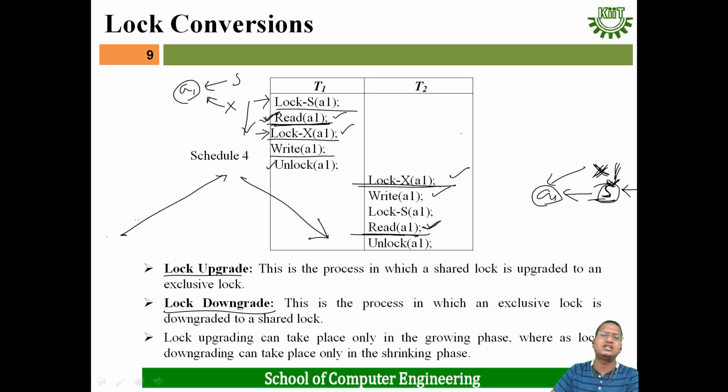That's why people use lock downgrade: when we apply a shared lock on a data item, other transactions can read that data item. So whenever we don't require an exclusive lock on a data item, we will downgrade the lock.